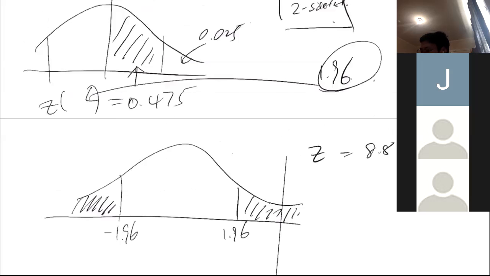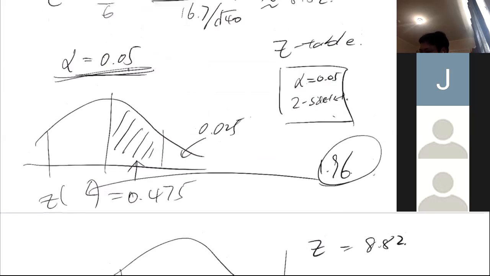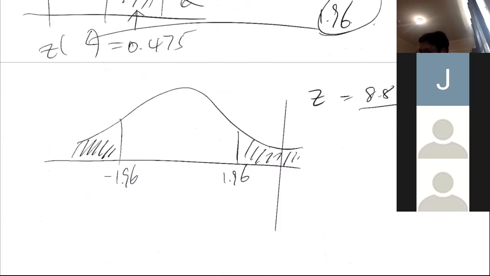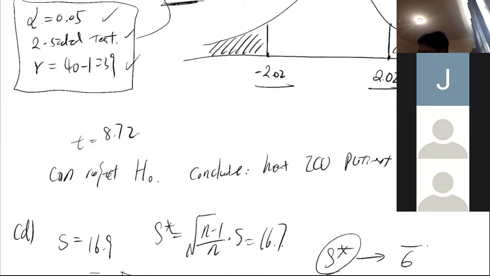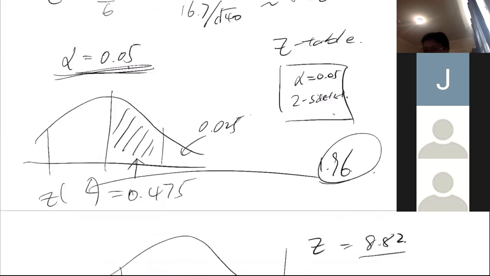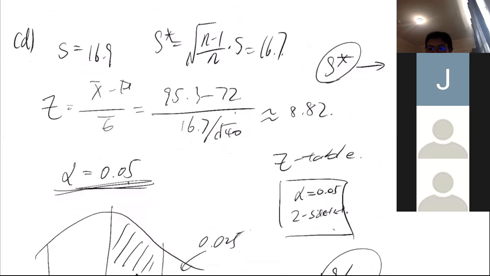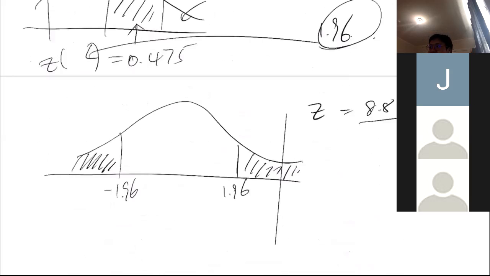So as you can see, in most cases, whether you do a z-test or a t-test, the conclusion doesn't change, because 8.82 is significantly larger than 1.96, and 8.72 in the t-test is significantly larger than the threshold of 2.02. So it doesn't really matter, as long as our conclusion that ICU patients' heart rate is abnormal is correct.